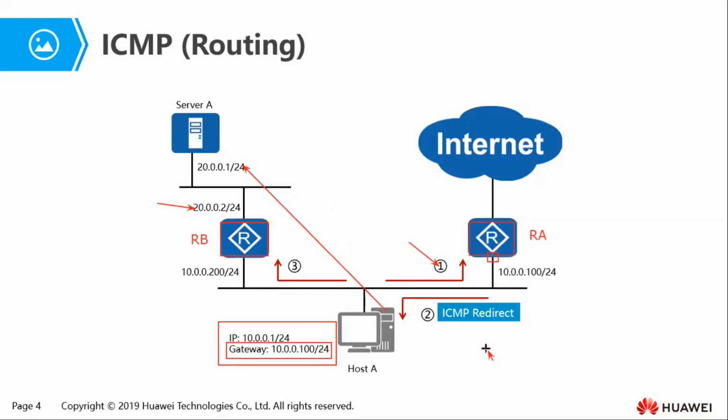So it will form what we call an ICMP redirect message and tell this guy, if you want to reach server A, use router B as your gateway, and router B will deliver your packet. So that is what is happening here. Host A will build a new message and send it to router B. Then router B will deliver it to server A. So that is what we call an ICMP redirect message, and that is how ICMP supports routing.